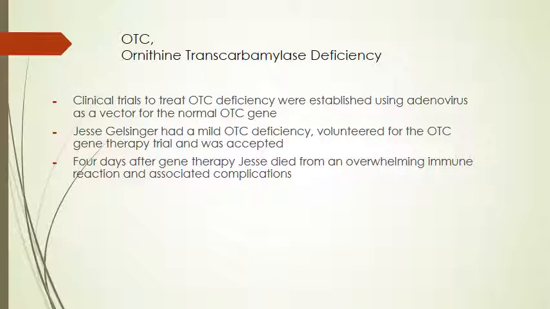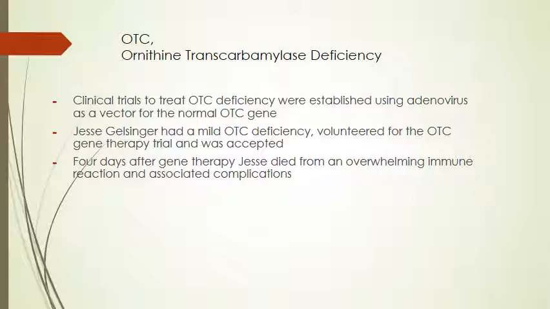On September 13, 1999, a trillion adenoviruses carrying the functional human OTC genes were infused through a tube into Jesse's liver. But the viruses entered not only the hepatocytes as intended, but also the macrophages that alert the immune system.